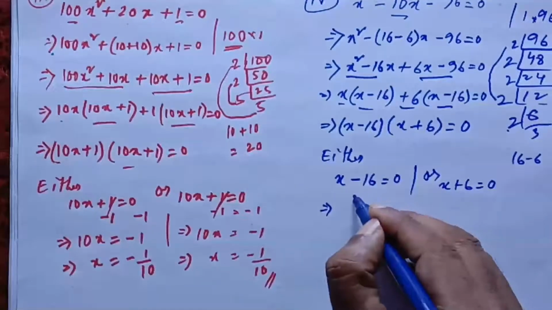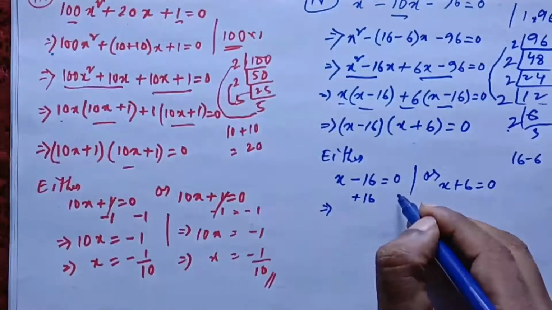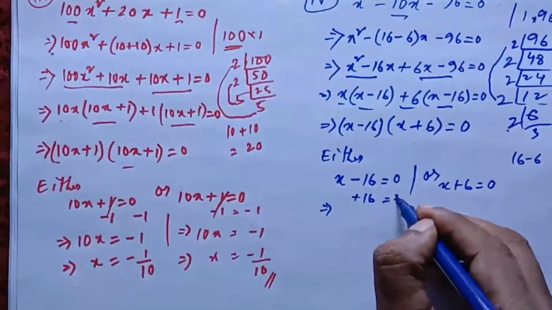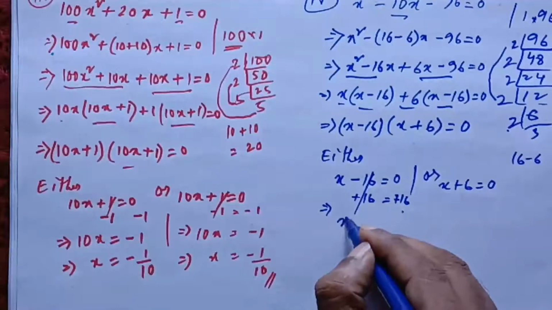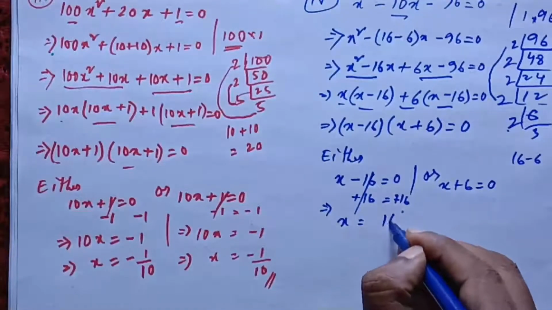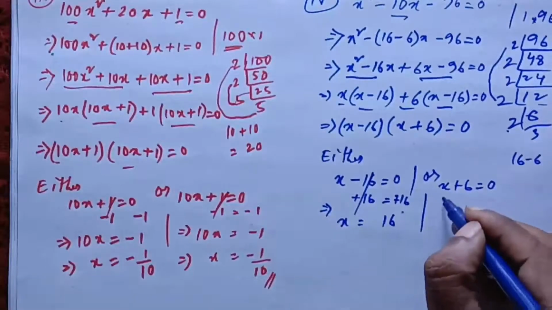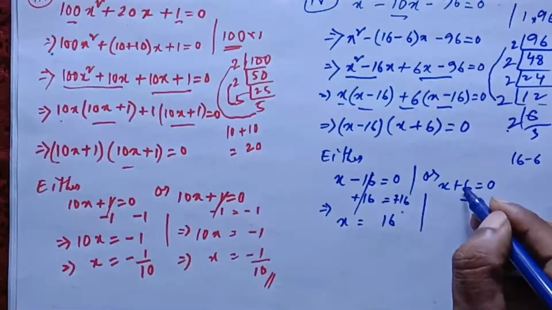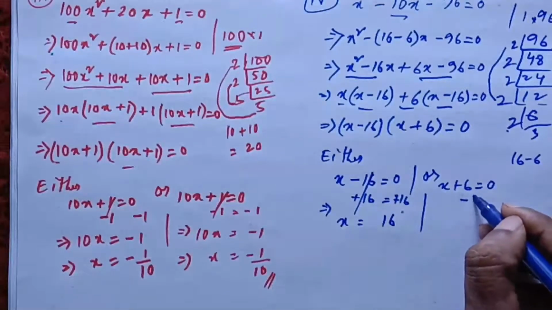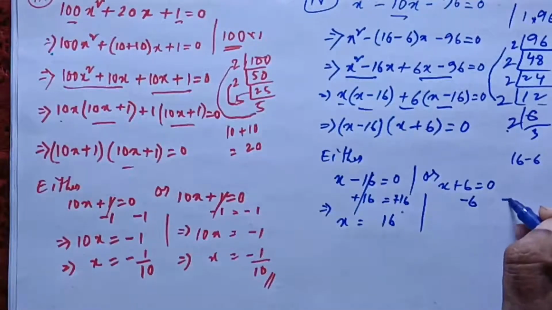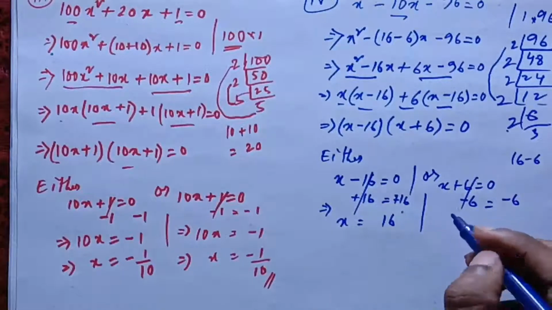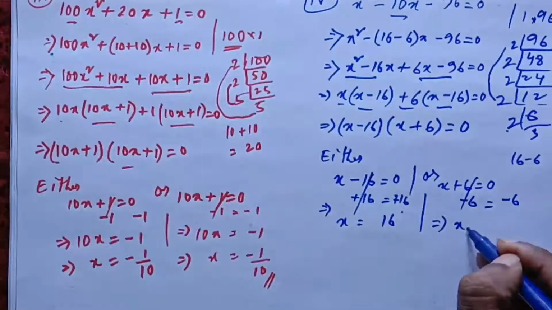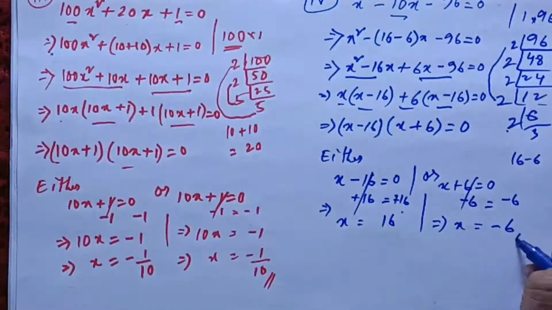In this case we will add plus 16 both sides, so we can cancel it, so x equal to 16. Since it is plus 6, we'll write minus 6 both sides. So we can cancel these two. We have x equal to minus 6 is our answer.